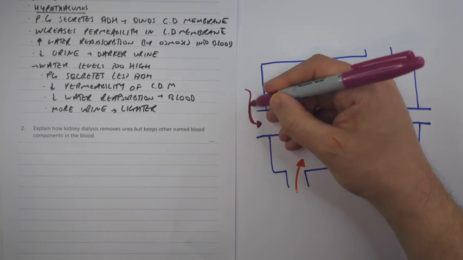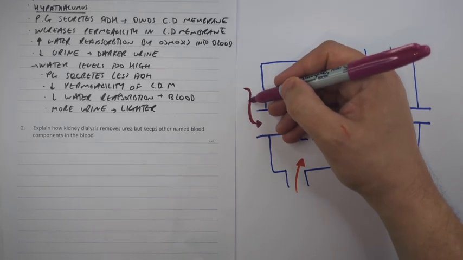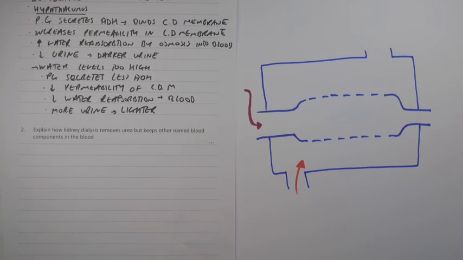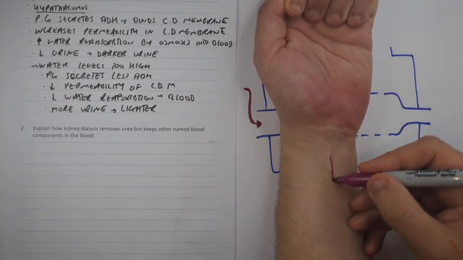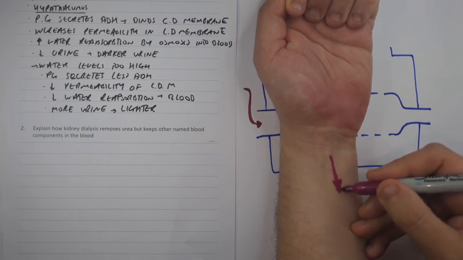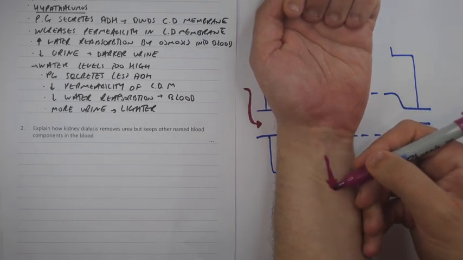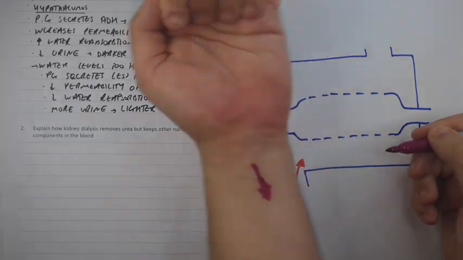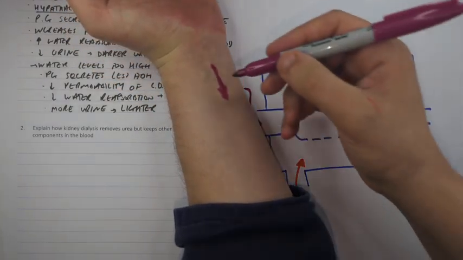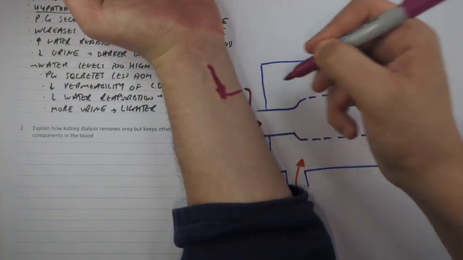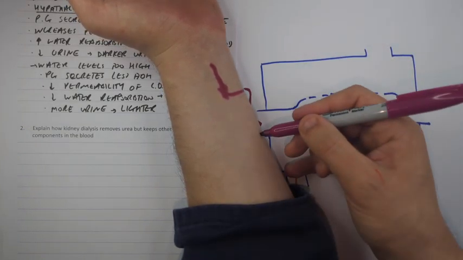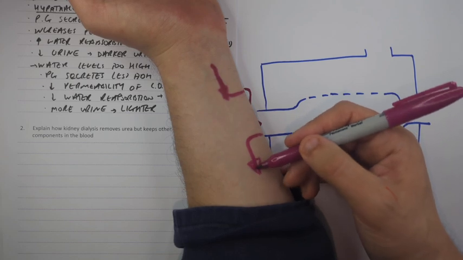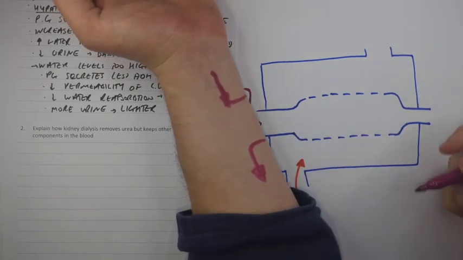Imagine they put a cannula in the arm, and the blood exits the body like that and goes into the machine. Then the blood comes out this side and goes back into the body, like that, from over here.